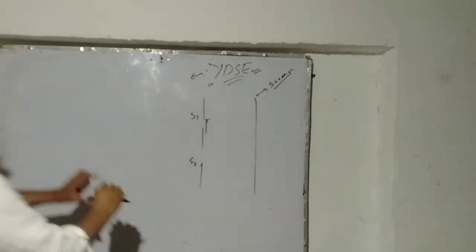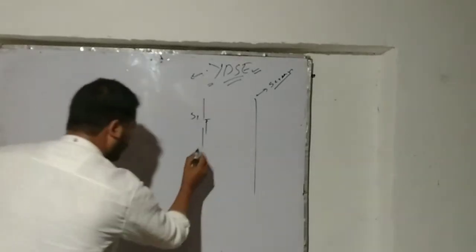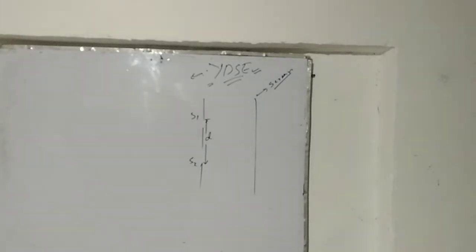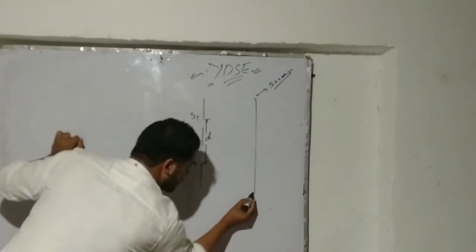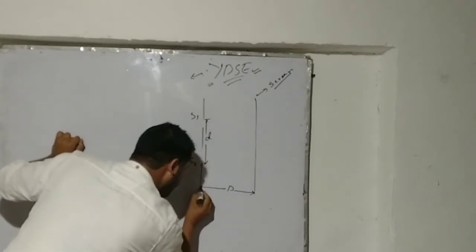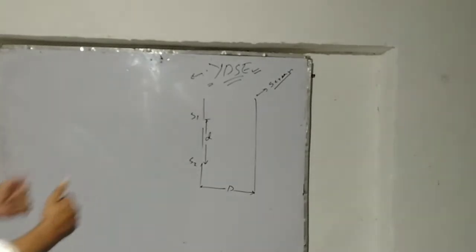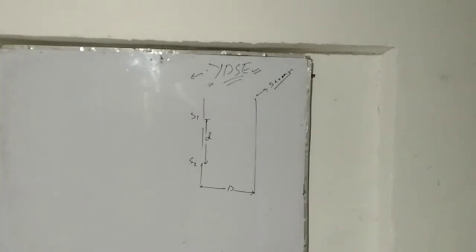In an ordinary Young's double slit experiment, the distance between the two slits is what we call d, and the screen is at a distance of D units from the slits. This is something we know literally in the Young's double slit experiment.